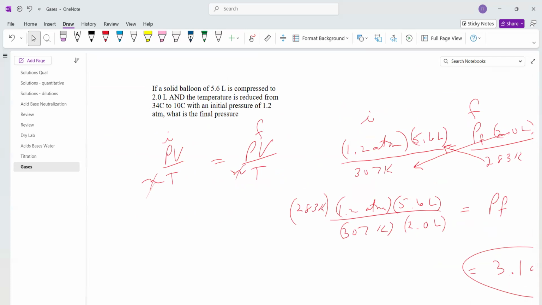Now you can look at the magnitude of change of the volume. The volume changes by more than half. So that means, intuitively, indirectly, it should double. Now the temperature goes from 307 to 283, which is not a lot of change temperature wise.